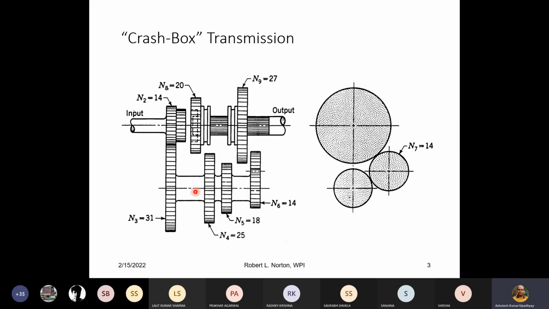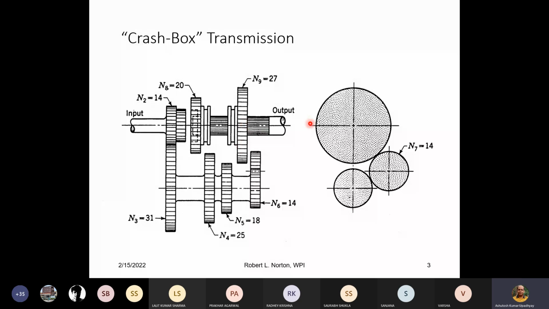The power will come to the counter gear, and since this shaft is rotating, it will come to this gear T6 equal to 14. Then you have the idler, which will be brought in connection to T9 equal to 27.